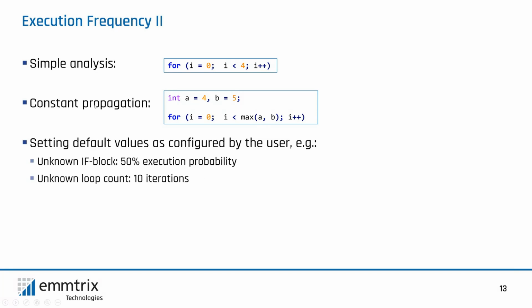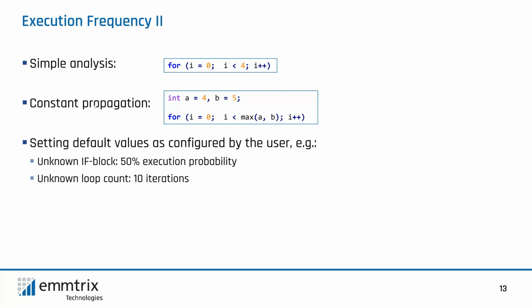If all this doesn't work, for the static code analysis we need some kind of value, so we use default values. This can be configured by the user, but typical values are these: we have an if block and we don't know how often true and false are executed, so we just set the probability to 50% for true and false, just to have an equal distribution.